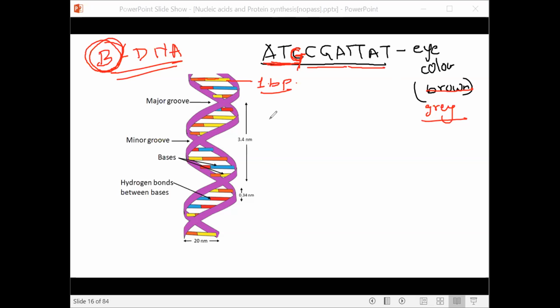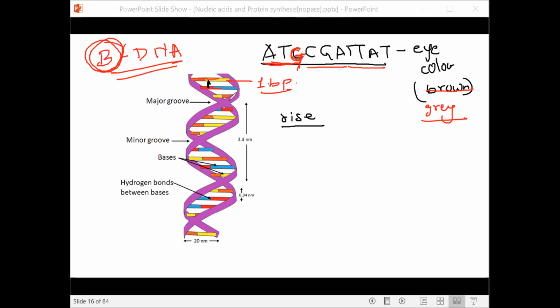It's like kilobytes per second, or BPS, what we use for the digital world. So this is one base pair, and there is another base pair over here. Now the gap between the two base pairs is called rise.